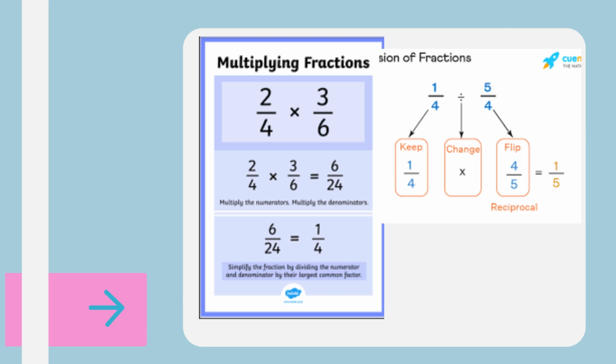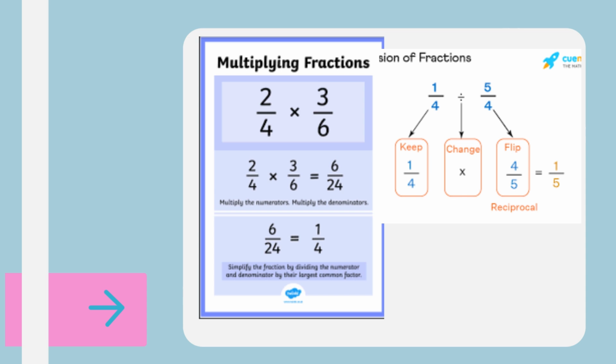It flips to 4/5. So then we do multiplication. You multiply both the top and the bottom numbers.